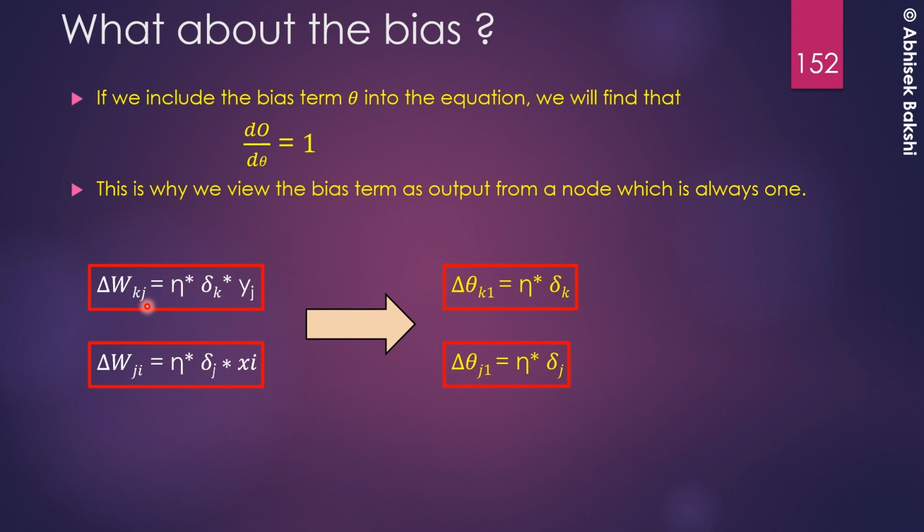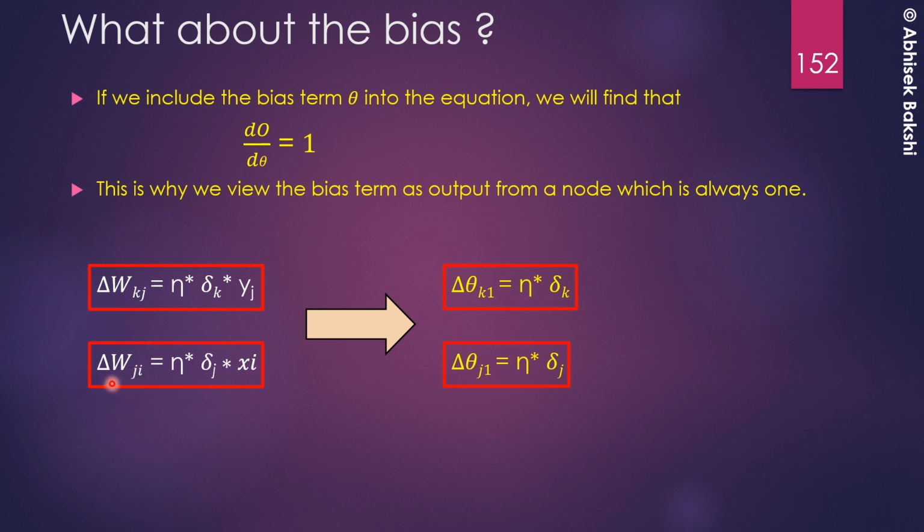One neuron will represent the bias. That bias, if we try to compute separately, will be something like this: delta theta k1. Why have I written 1? Because I have only one bias, I mean, only one neuron will represent the bias in the hidden layer. So delta theta k1 equals eta into delta k.